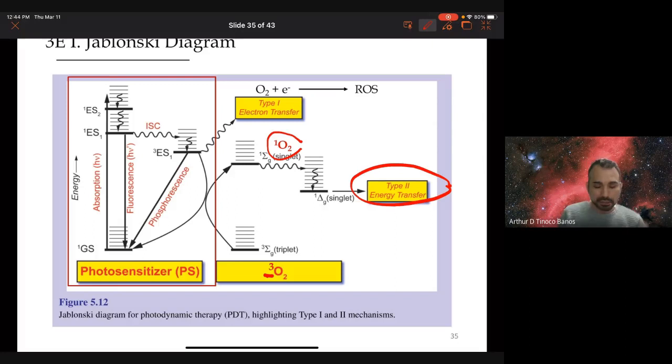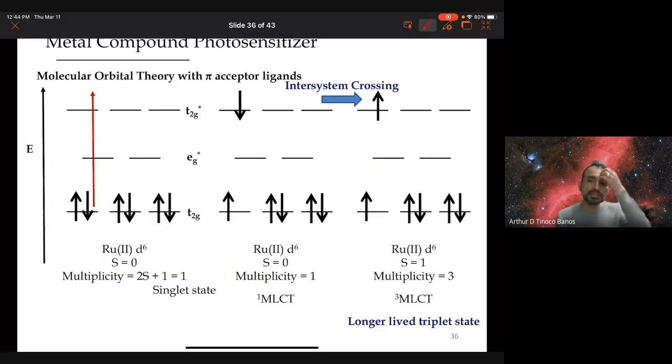All right, so let's focus on the photosensitizer. If we're looking at this from the perspective of a metal center, let's go back to our example of ruthenium. I already talked to you about this idea of ruthenium d6 going from a ground state to an excited state. So we're going here from a metal orbital to a ligand orbital, okay?